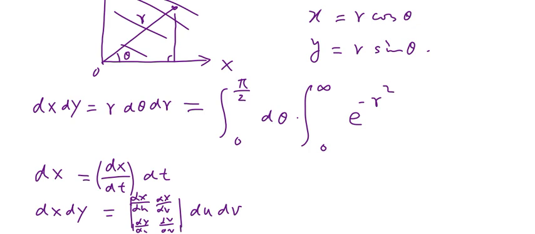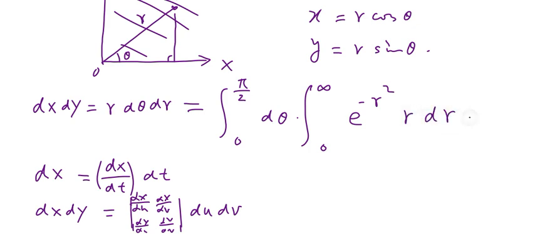We cannot simply set them equal. So changing dx dy to d theta dr, we should multiply by r.